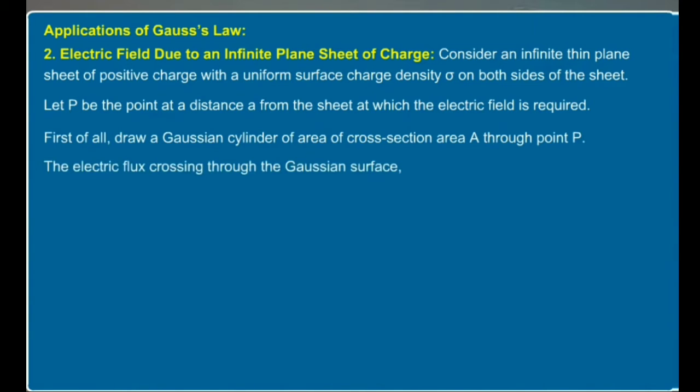The electric flux crossing through the Gaussian surface, phi, is equal to E into the area of the circular portion of the cylinder.